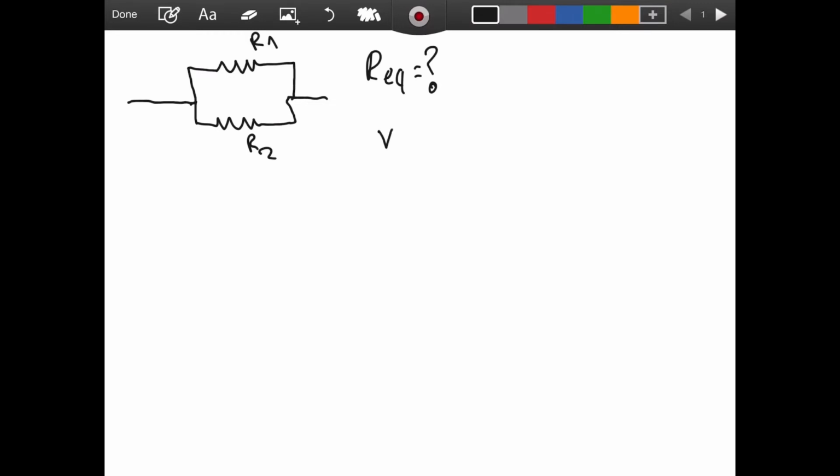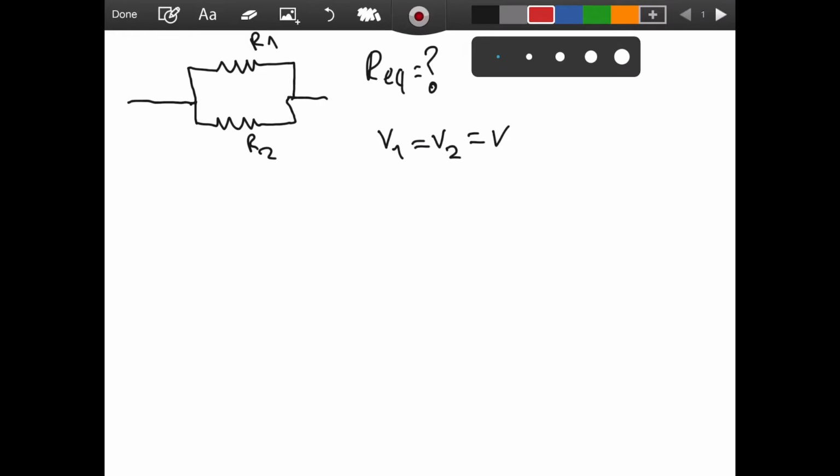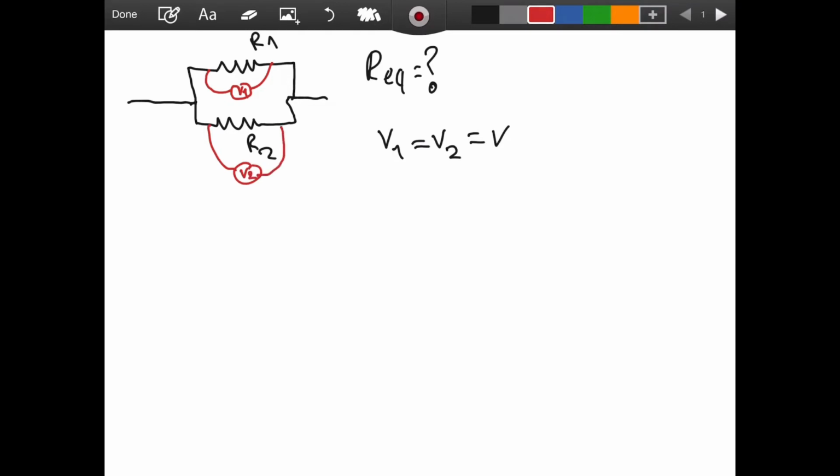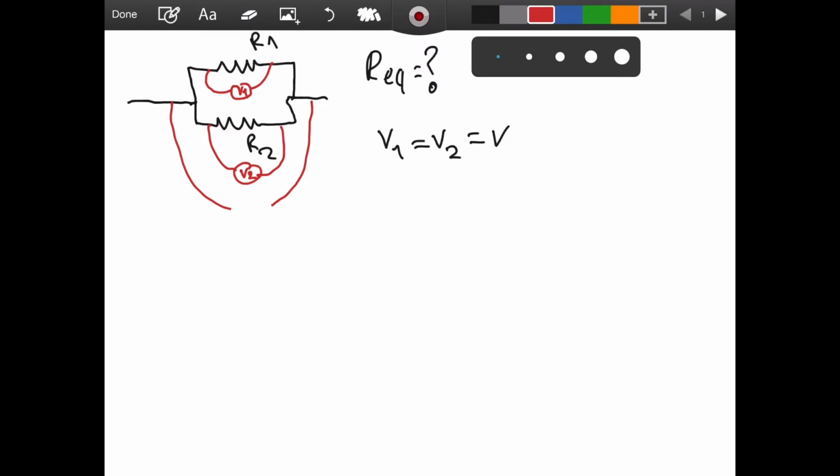So V1 is equal to V2, and this is also equal to V. Let me label the things that I mentioned. So let's say that we have V1 like this, V2 like this, and V like this. So these are equal to each other.